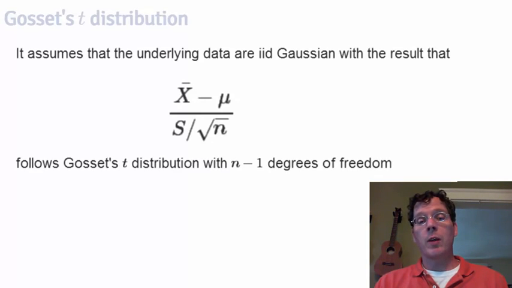However, when we replace sigma by s, it no longer has a distribution as that of a standard normal. Instead, it has a t-distribution. As n increases, this distinction is irrelevant. However, for small sample sizes, the difference can be quite large. And so if you use a standard normal for small sample sizes, you can get, for example, confidence intervals that are too narrow.